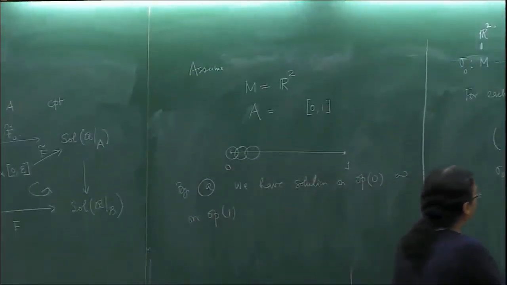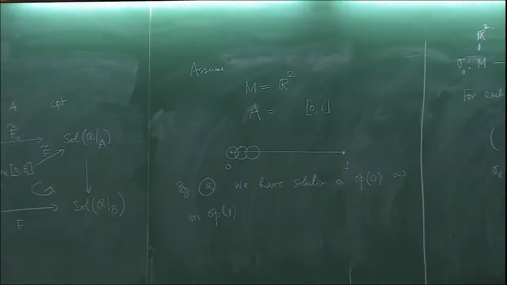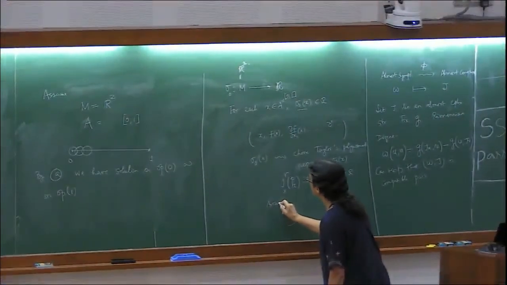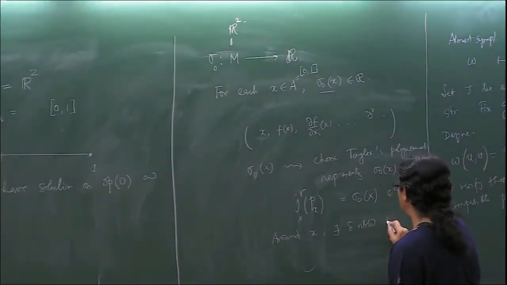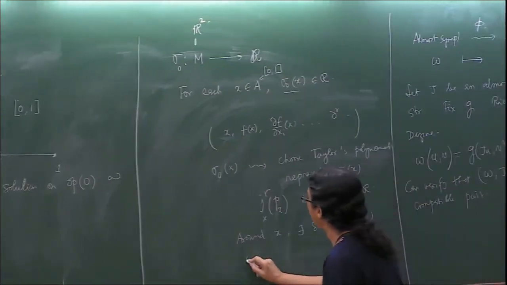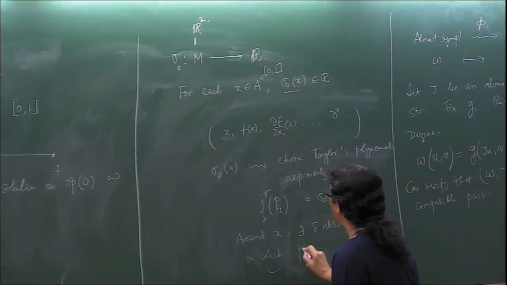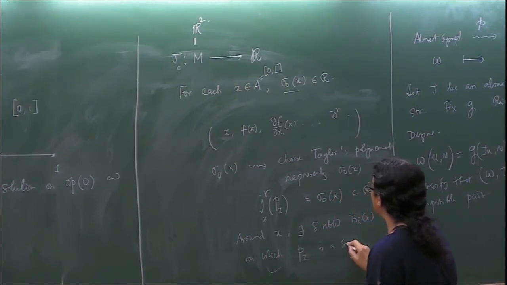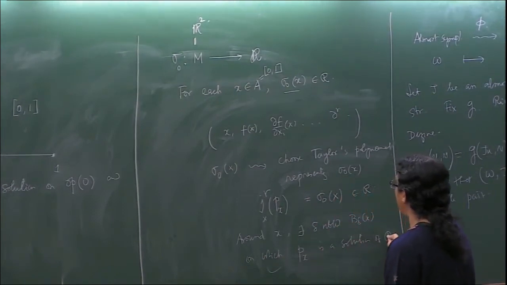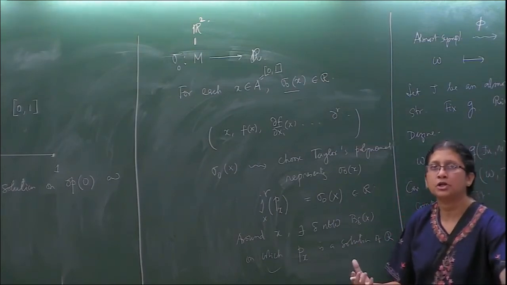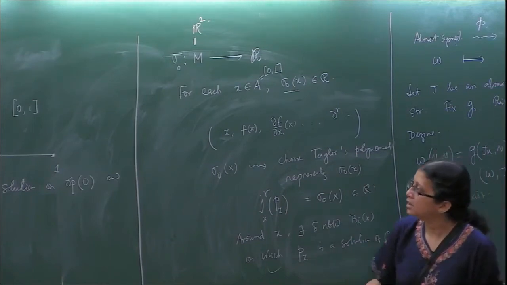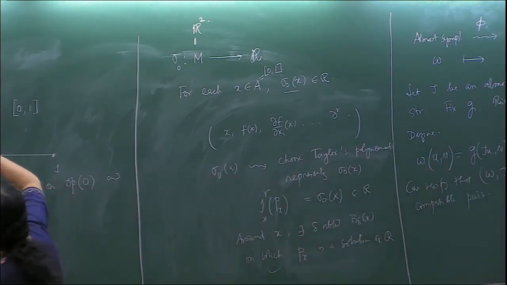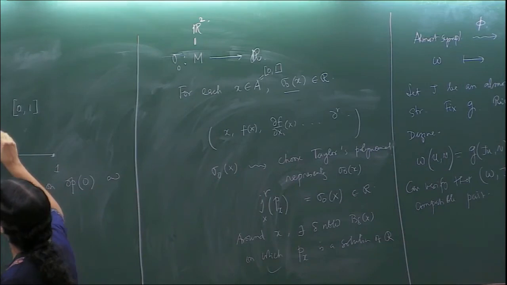Further, I know that this belongs to R. So around x, there exists a delta neighborhood, say B delta x, on which this polynomial P x is a solution of R. Because it is a solution of R at one point, this P x must be a solution of R on a neighborhood, because of the openness of R. So this is my B delta 0 and this is say B delta x.